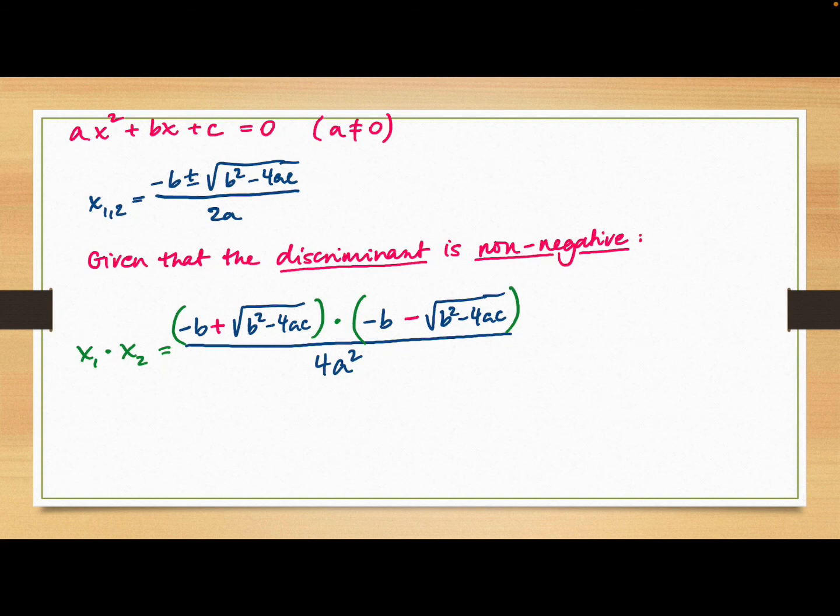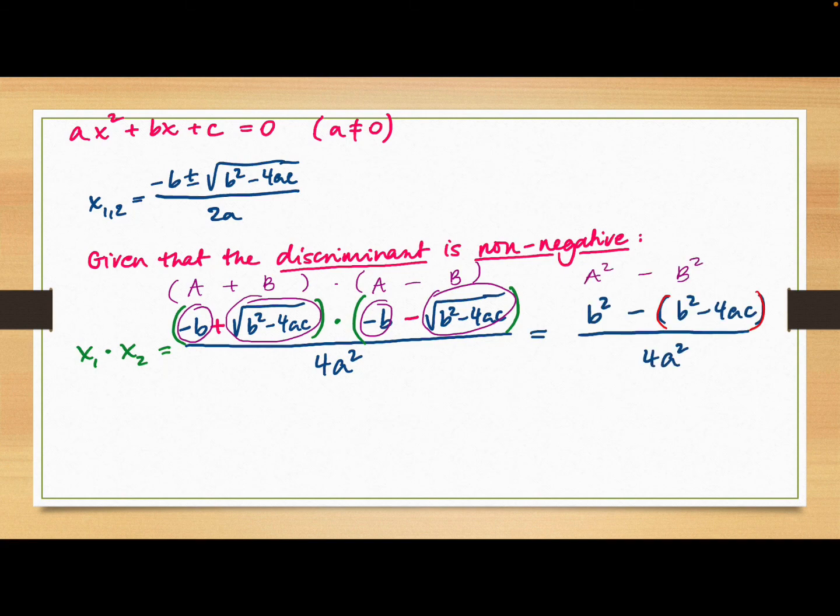which will again be an identity, a plus b times a minus b, that is a squared minus b squared, which in this case is b squared minus, and brackets around b squared, because the square root will disappear due to raising it to the power of 2, but you need the brackets as we have two terms under the square root.